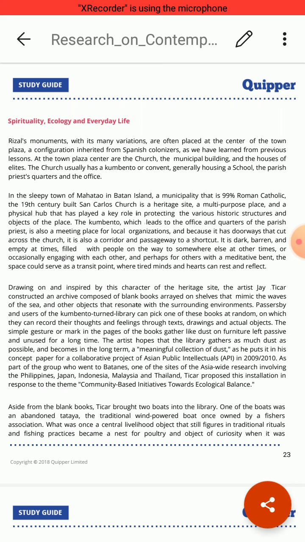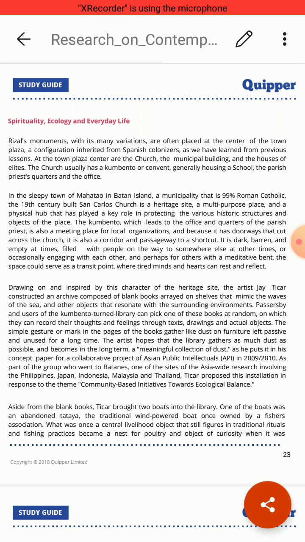Then naa sila'y kumbento, which is an office and a quarters of the parish priest. Pwede po siya mga meeting place for local organizations. And because it has doorways that cut across the church, it is also a corridor or passageway to a shortcut.